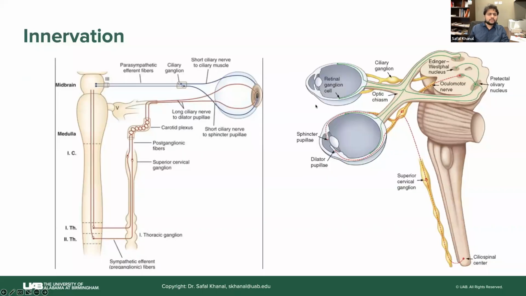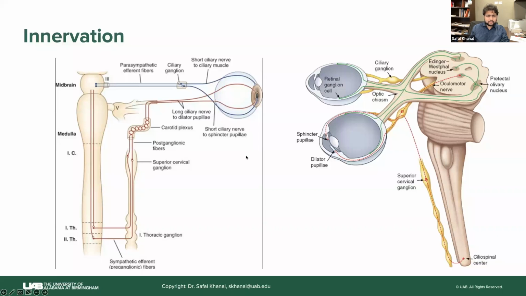For the sympathetic pathway, it actually originates in the hypothalamus and comes down, and then it reaches the superior cervical ganglion. And then the postganglionic fibers travel along the long ciliary nerve to the dilator pupillae muscle.